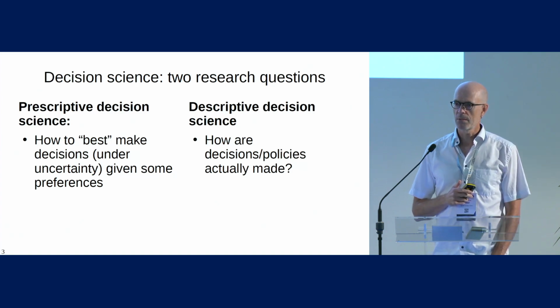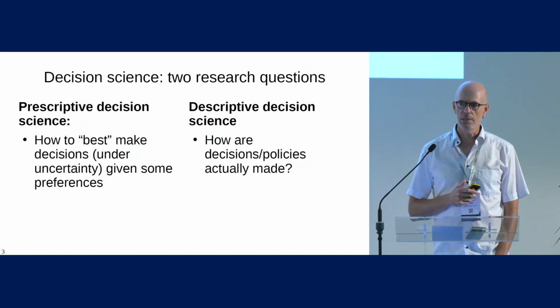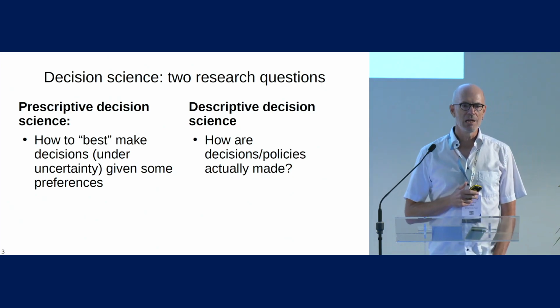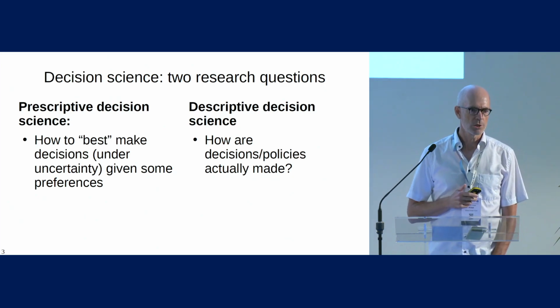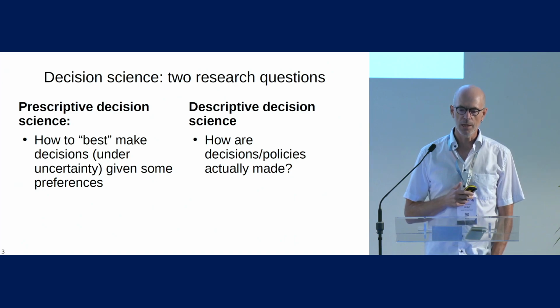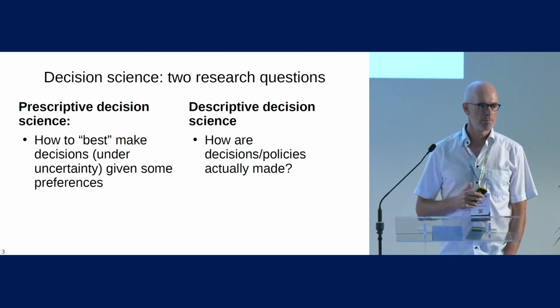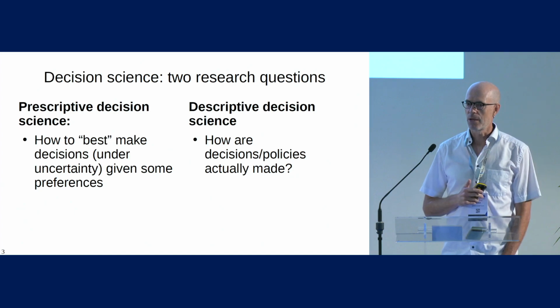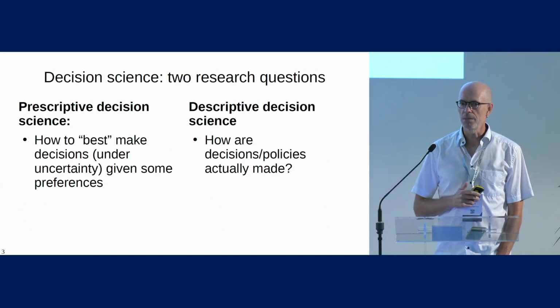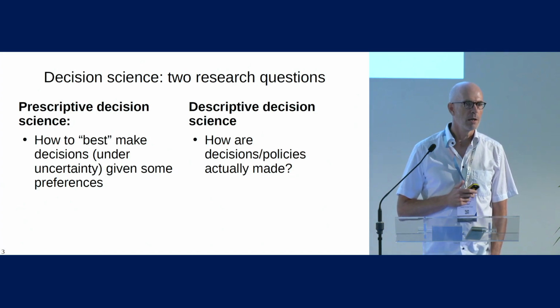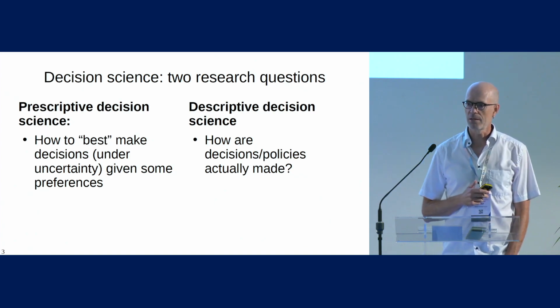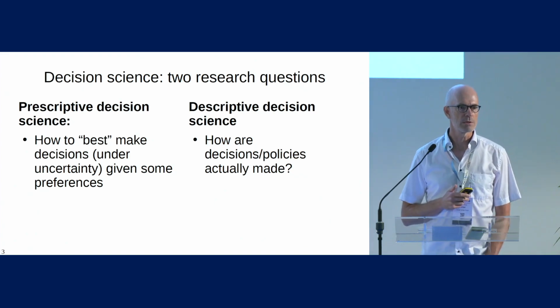So I consider myself to be a decision scientist, and decision scientists mainly worry about 2 questions that are related but quite different. So first, there's a prescriptive perspective that we take, and this is the question, how can we best make decisions given the information we have, for example, on sea level rise, as well as the preferences of those people that are in the driver's seat, who are affected by the decision or have to make the decision.